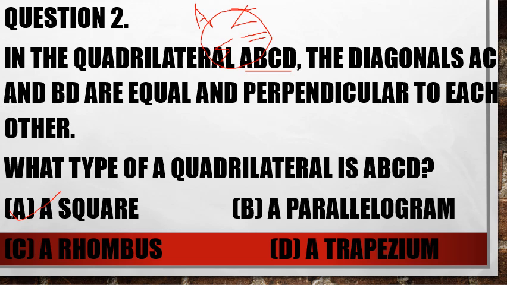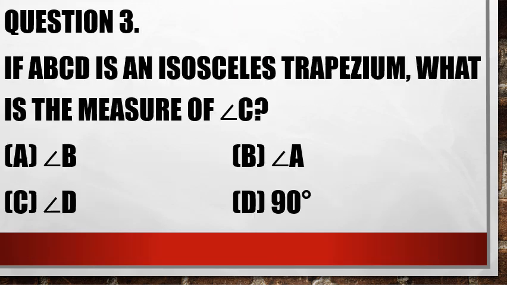Next, if ABCD is an isosceles trapezium, let us draw an isosceles trapezium here.